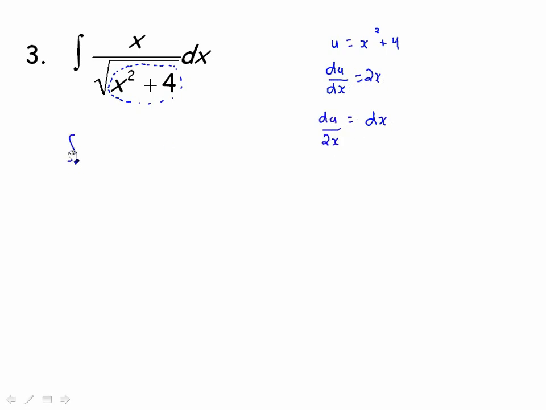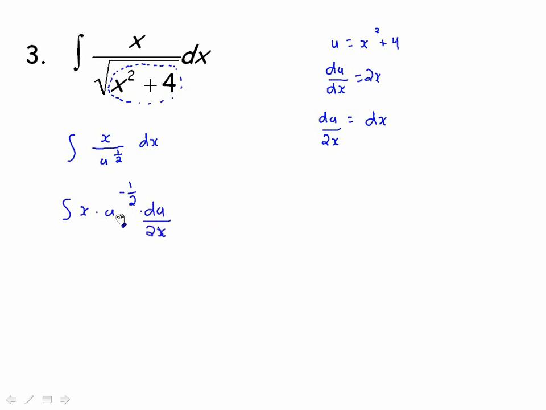And then this is x over u to the 1/2 dx. Now, we do not want to write that on the denominator. So this is x times u to the negative 1/2. Bring it up. And then dx gets replaced with du over 2x.